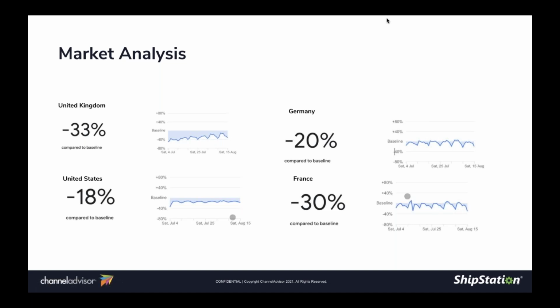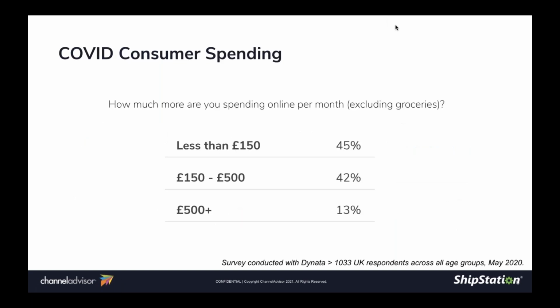Instead of going into physical stores, they're now looking online. And if you go on to the next slide, Mike, you can see from a report that was conducted last year the rise in consumer spending online.